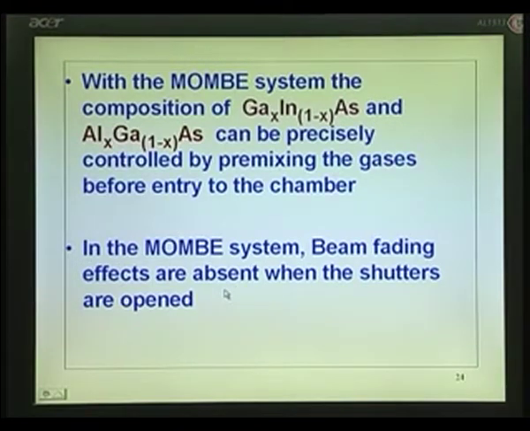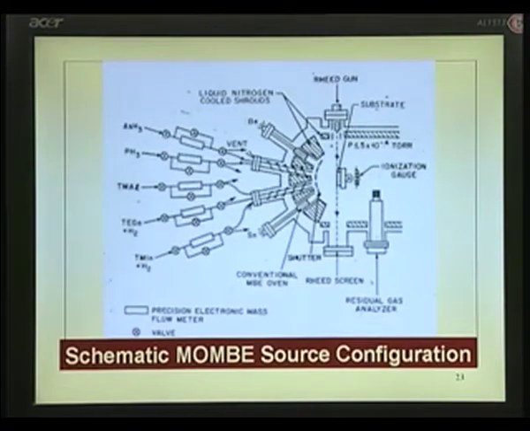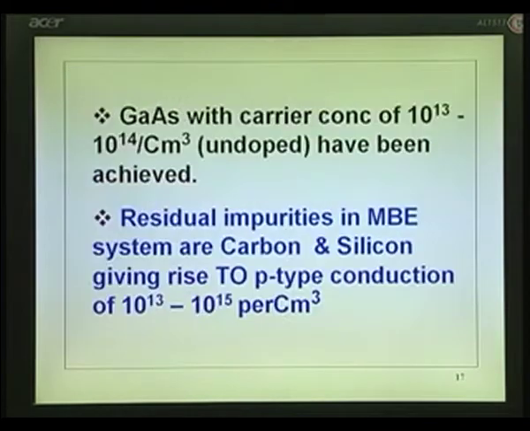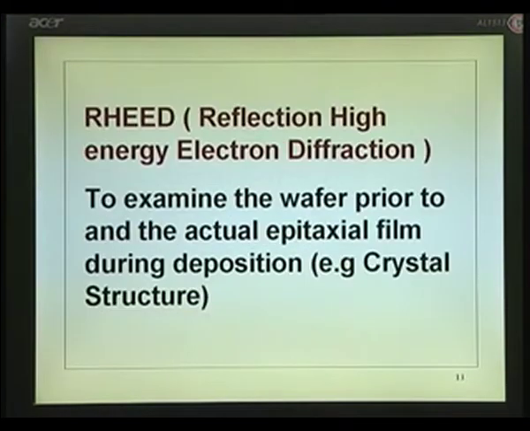One more advantage of this MOMBE system is what I have called beam fading effects are absent when the shutters are opened. What is implied by this is, in the conventional system, let me just go back to that to show you that. I will come back to this afterwards.